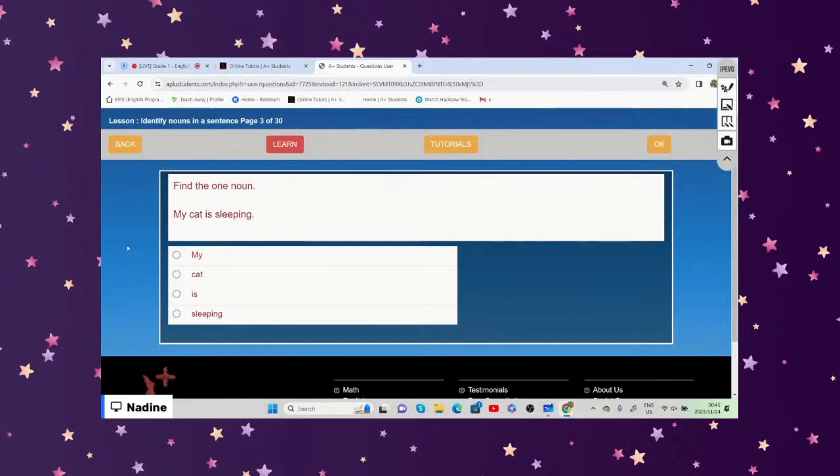And we can say it's cat because it names an animal. Remember, it is a cat because it's an animal. Sleeping is something that he's doing, and if you are doing something, it means that it's a verb. Yes, it's a cat, right? So, cat.